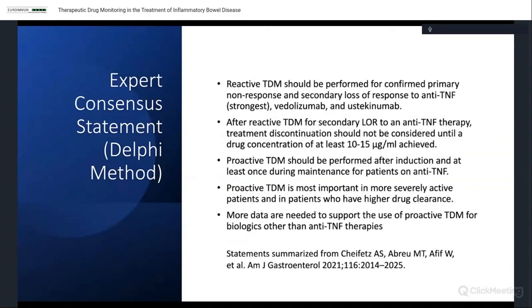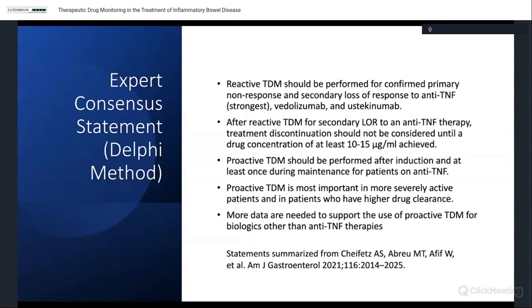They proposed that after reactive TDM for secondary loss of response to an anti-TNF therapy, one should not discontinue treatment until you've pushed the drug concentration to at least 10 to 15 micrograms per ml. They propose that proactive TDM should be performed after induction and at least once during maintenance for patients on anti-TNF.